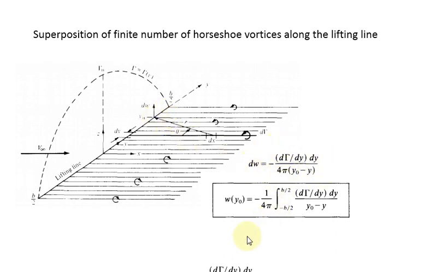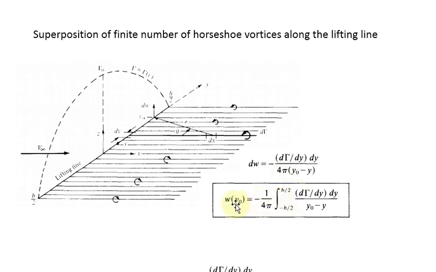Suppose I want to find out the velocity induced by the total trailing vortices. We are considering only one single vortex, that is why we are using this particular equation. Suppose I want to find the total induced velocity of all the trailing vortices on the particular y0, then I have to use the integration, with limits minus b by 2 to b by 2.